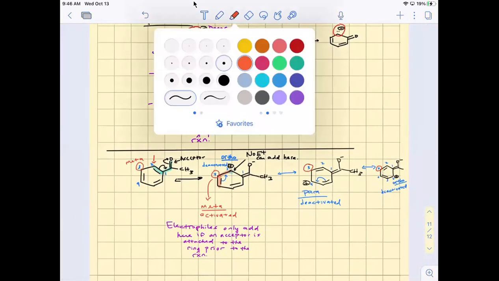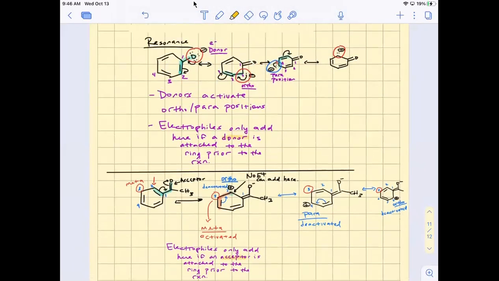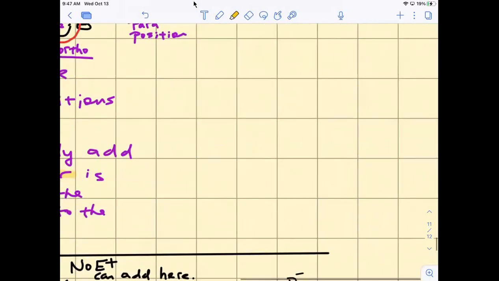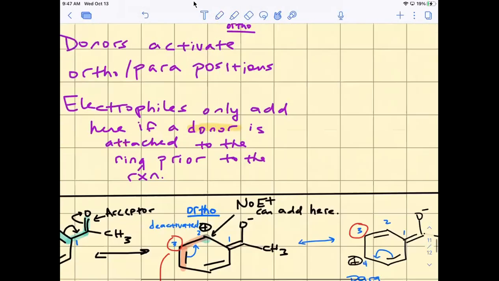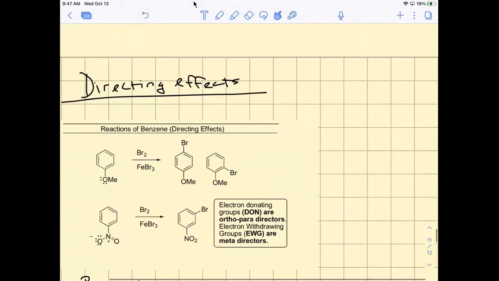So I think at this point, we need to make sure we understand the difference in a donor and an acceptor. So a donor is an electron donor. It can give electrons away.